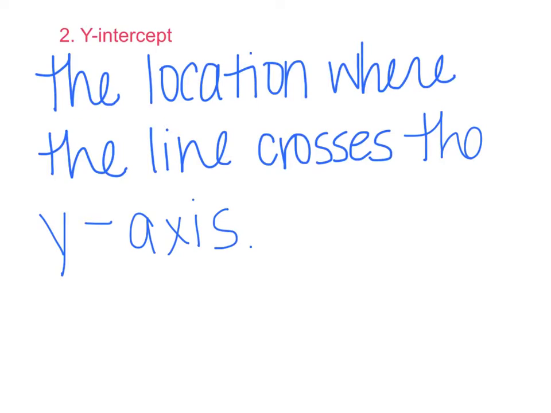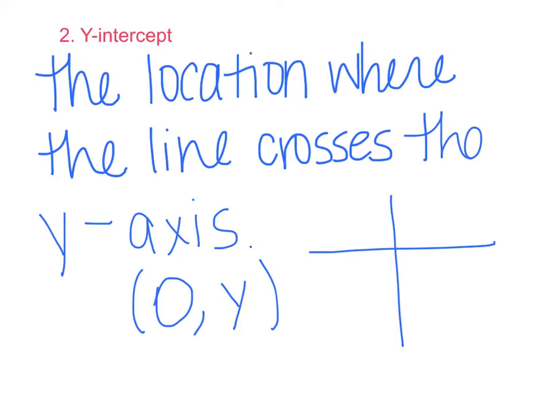And when you look at your coordinate pair, it's always going to be, at that point, a 0 and then some value y. Because if it's crossing your y-axis, it's going to look like this. And this point right here would be your y-intercept. And if you look, it's going to be 0 and then some negative number for y.